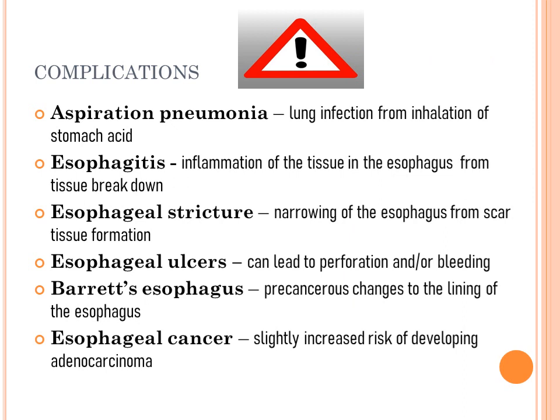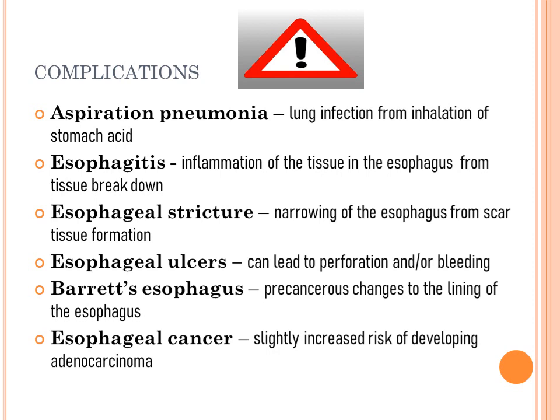Complications that can arise as a result of GERD are as follows: aspiration pneumonia, which is basically an infection of the lung from inhalation of stomach acid. Because the esophagus is exposed to stomach acid for quite some time, it may lead to tissue breakdown and inflammation of the tissue, which is known as esophagitis. This may go a step further and cause scar tissue formation and narrowing of the esophagus, which is known as esophageal stricture.